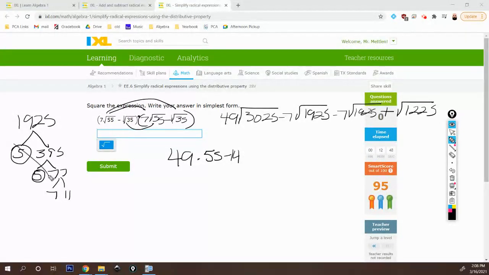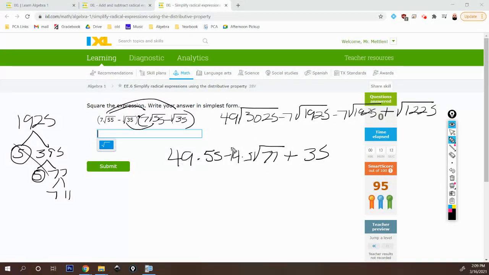But I do have a pair of 5s. So I can take out a 5. And I had a 7 and 11 left. So that's 77. And then we've got plus. And I think we can square root 1225. Yep, that makes 35. Okay, so I'm going to do 49.